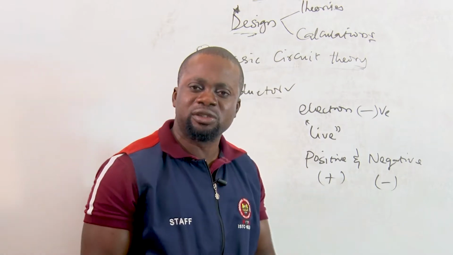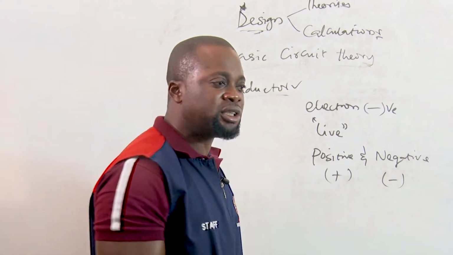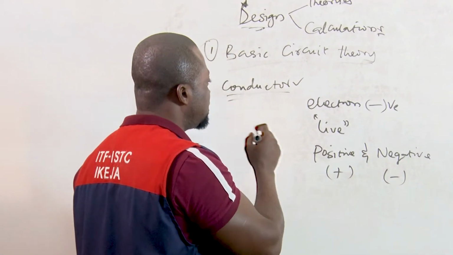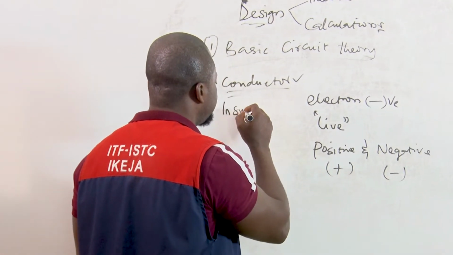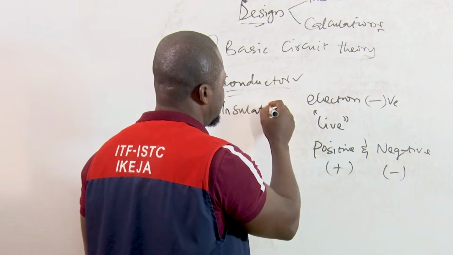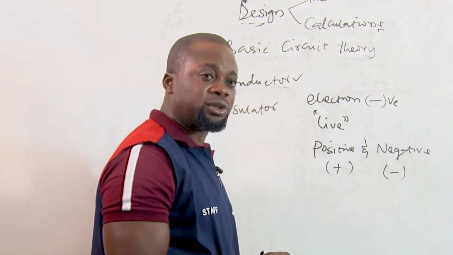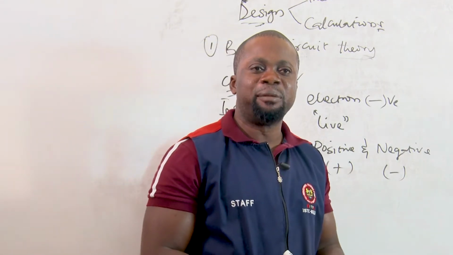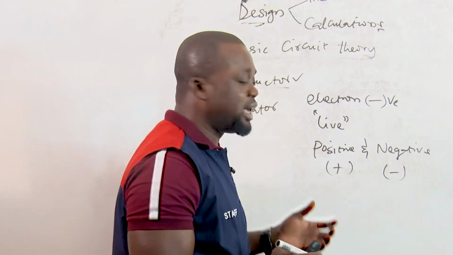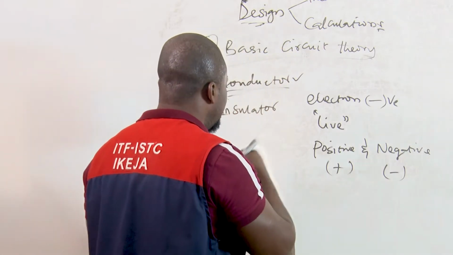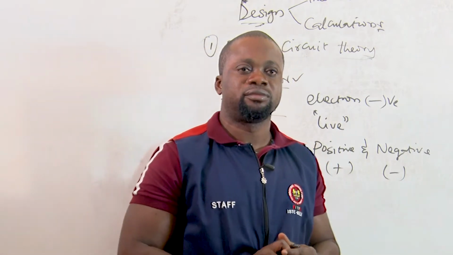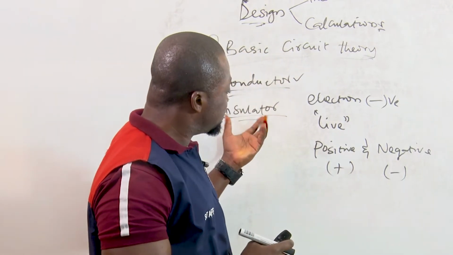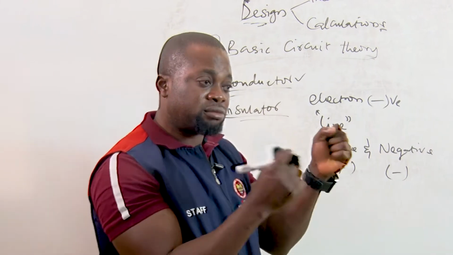And the material that does not allow current or electrons to flow through easily is an insulator. So basically, these are materials whose electrons are held firmly. They grip, because in the nucleus, they hold electrons.